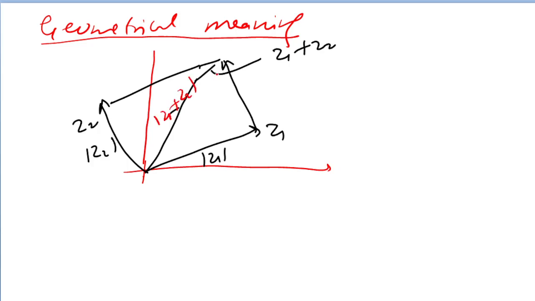This is z1 and this is z2. Can you see? So the sum of two sides |z1| and |z2| is always greater than the third side.